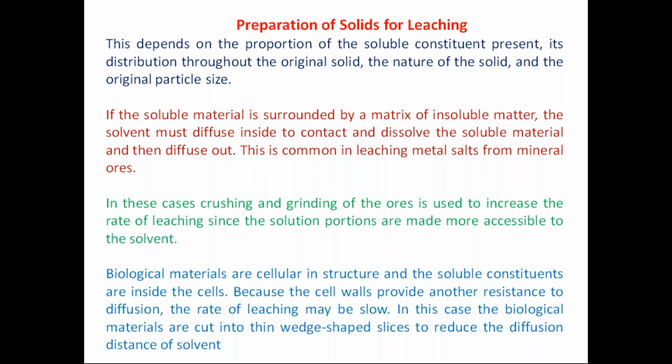And in certain cases, the solvent will be heated to a certain temperature before adding to the solid, so that the solubility of the solute present in the solid will increase. And in certain cases, the temperature would be the boiling point of the solvent.